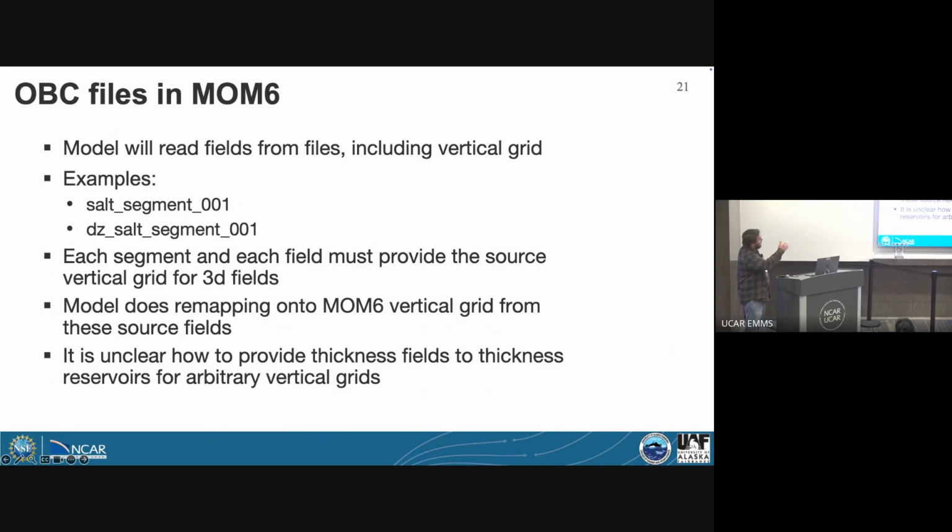So you have many files, like salt segment 1, and that will include dz segment 1, so that's the vertical information. Each segment and each field. So each file essentially provides the information about the given tracer or velocity and the vertical structure.